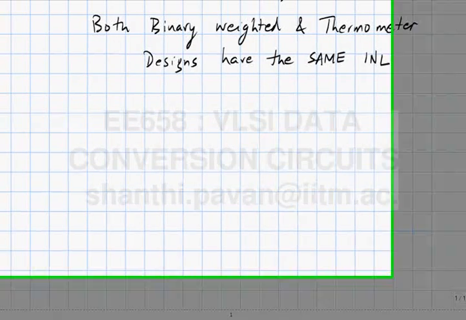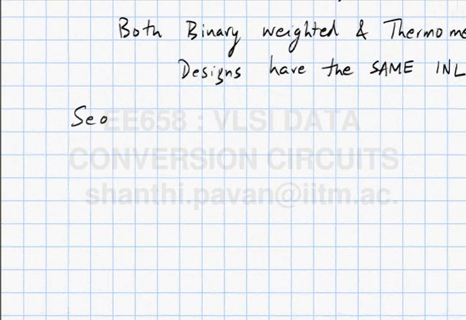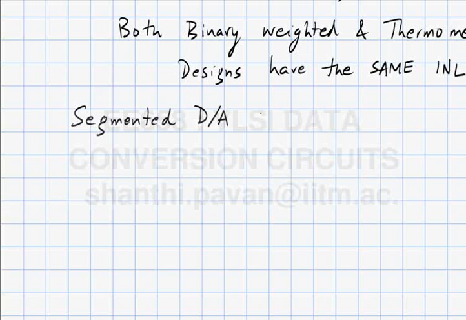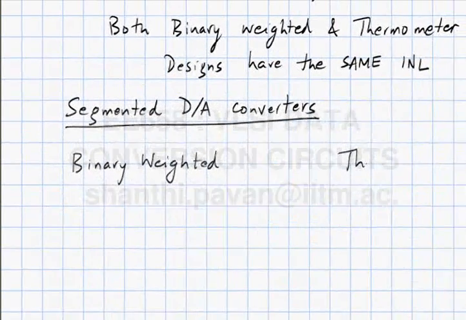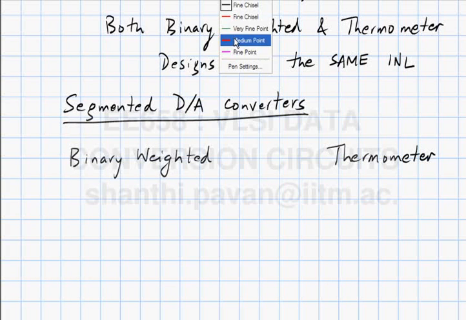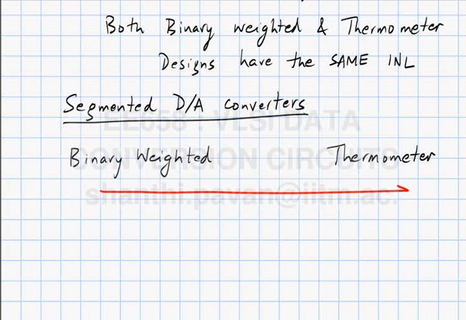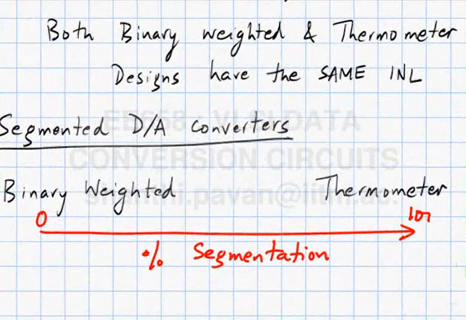Such designs are often called segmented. So on one extreme you have the binary weighted, and on the other extreme you have the thermometer.